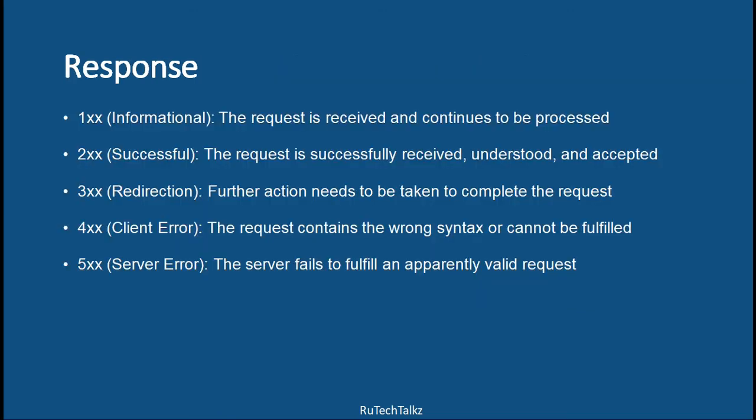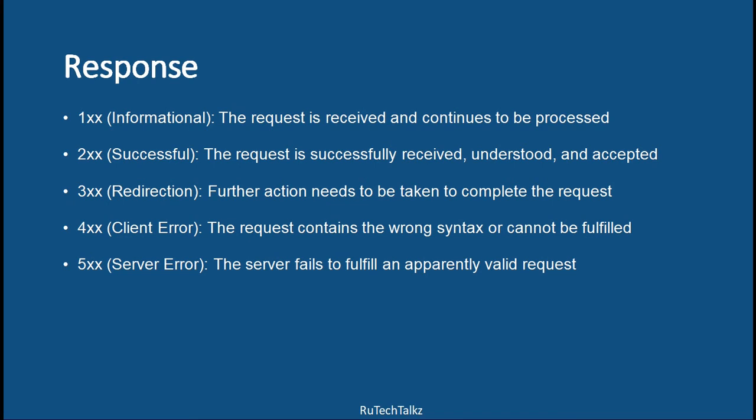Whenever we send a request, we get the response through the API. We get those responses in number formats, for example, 200 OK, 100, 300, 400, 500, 101, 201. So what is the meaning of it?